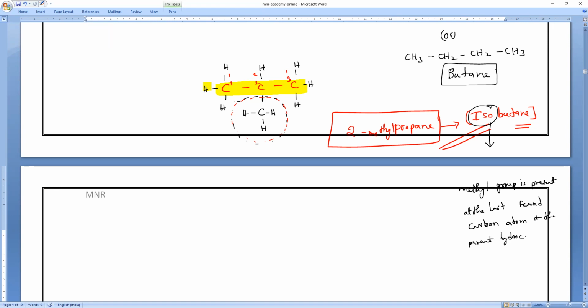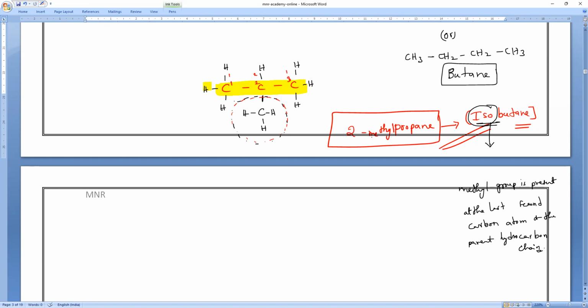Wherever you find the last second carbon having a methyl group, it is iso. Please note that. Do you all understand?